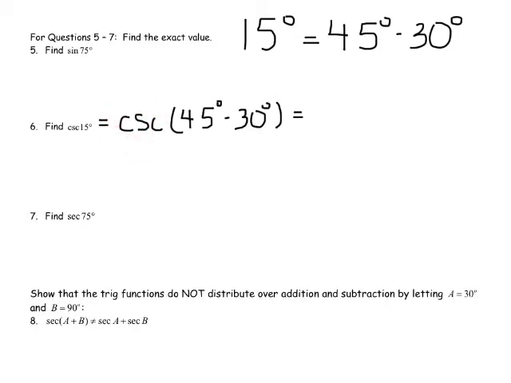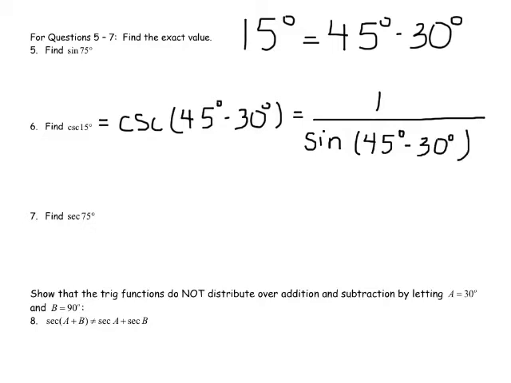So instead of doing this, I can do 1 over. If I'm flipping it, I'm no longer using cosecant. I'm using its reciprocal, sine of 45 minus 30. Really all this is going to do is that when we find sine of 45 minus 30, that gives us the answer to sine of 15 degrees, which is this guy's reciprocal. So then we're going to flip it, because that's what reciprocals mean.